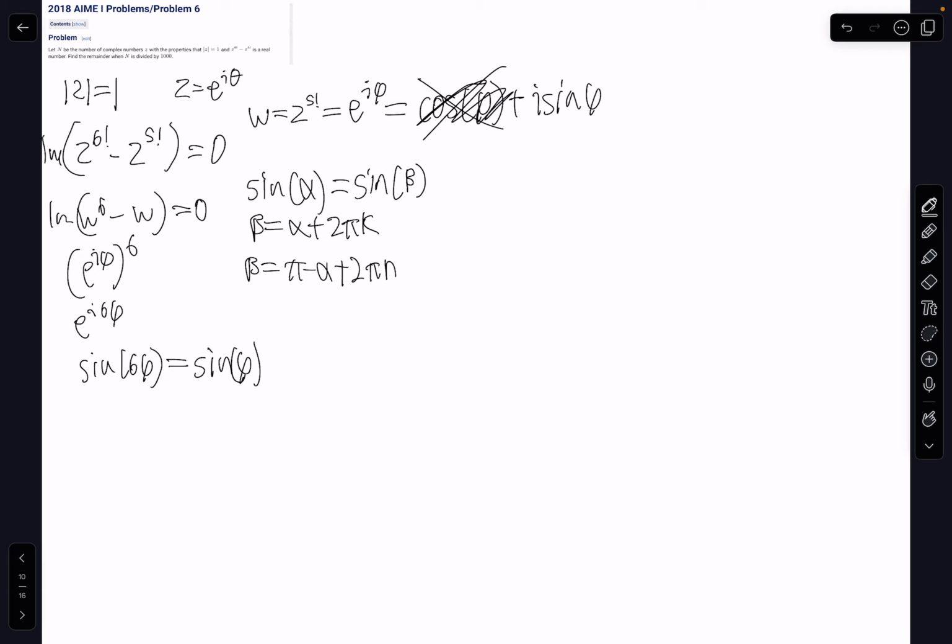And this makes sense because if you draw a unit circle and you have some angle alpha, obviously if you go 2 pi radians around, you're going to get to the same place. So the sines are going to be equivalent for those angles.